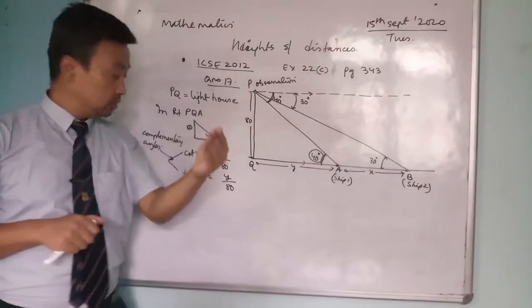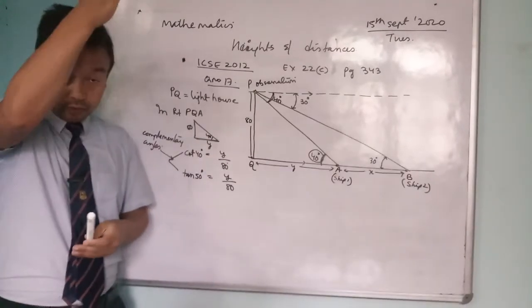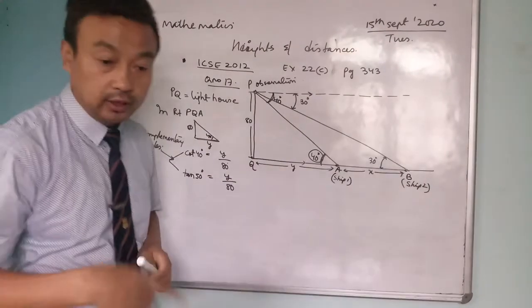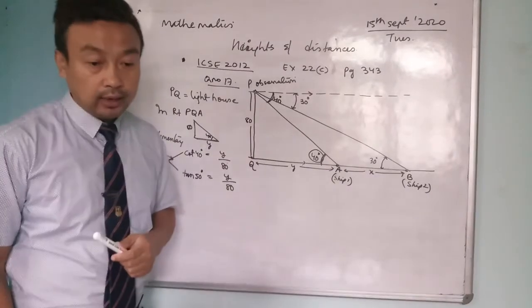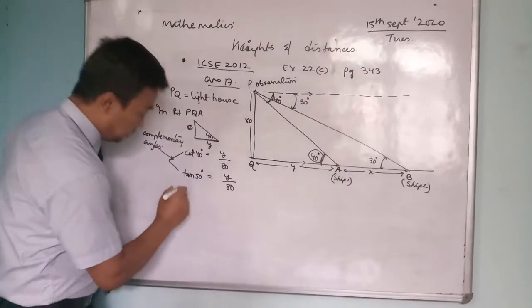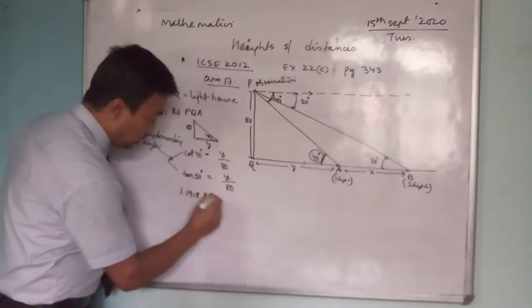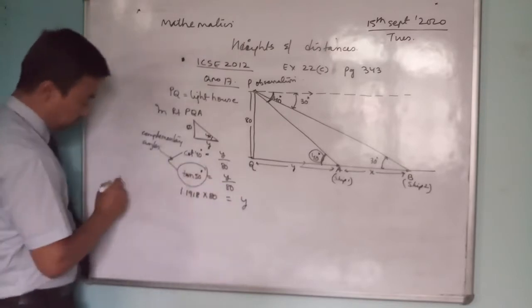Then you go to tan, to the first vertical line, then to the value 50 degree. I have already got the answer here. It is 1.198 into 80 equals y.